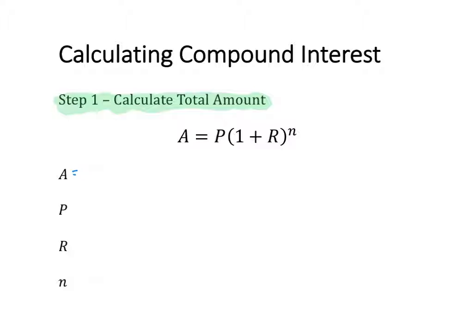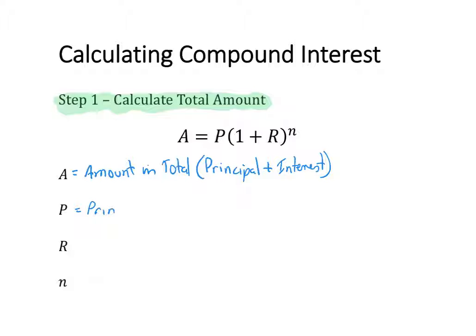A represents the amount in total, and that total amount is the principal plus the interest. So how much you've got in total at the end of the investment or at the end of the loan. P is the principal, so the original amount you are starting with.